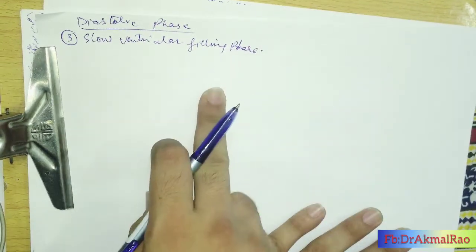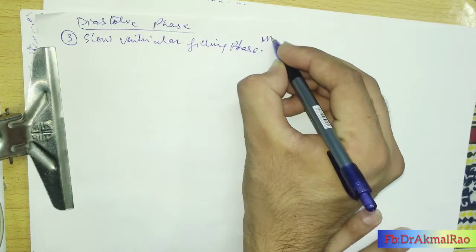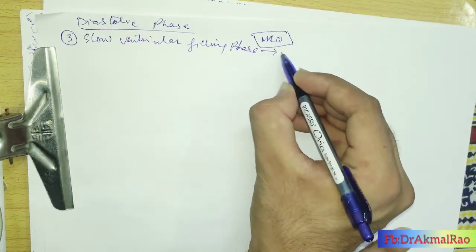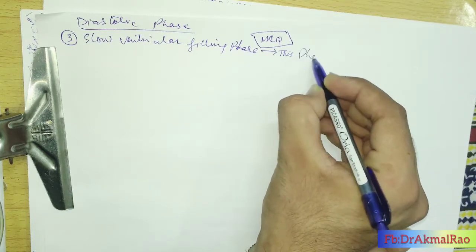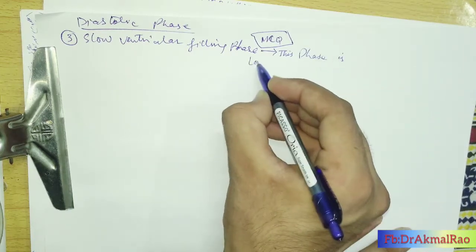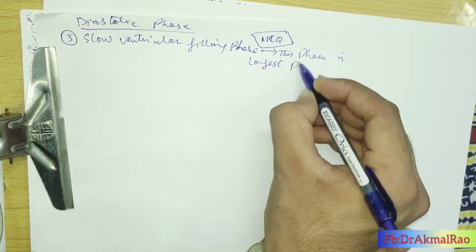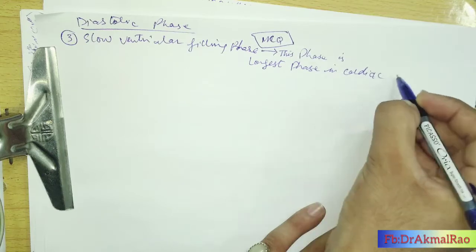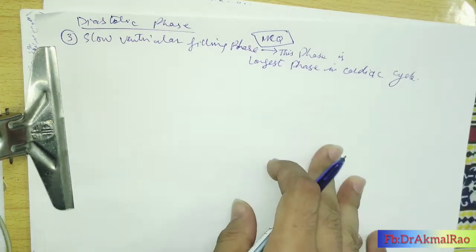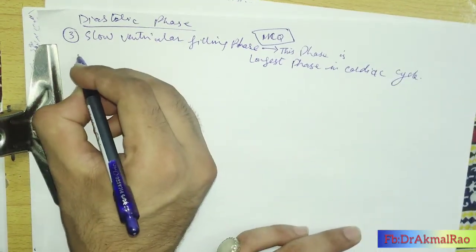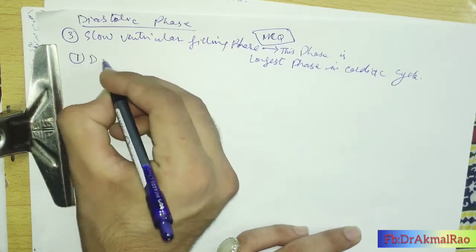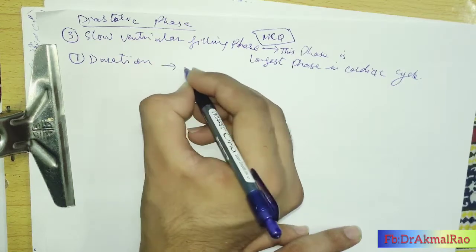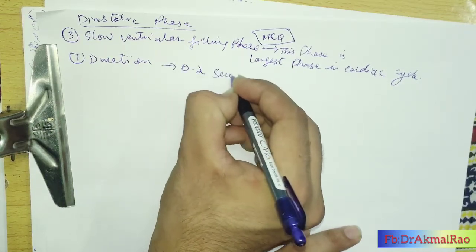And remember one thing, for MCQ you can write that this phase is the longest phase in the cardiac cycle, and the duration is nearly 0.2 seconds.